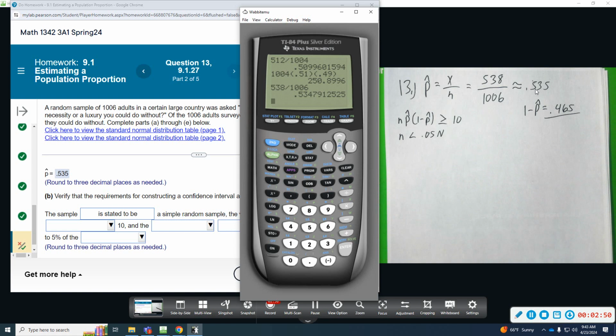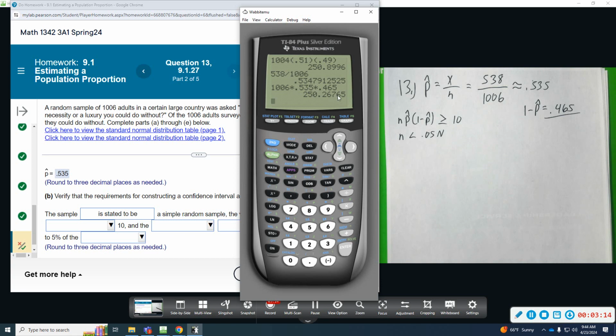So n is 1,006 times 0.535 times 0.465, which is 250.268 to three decimal places.